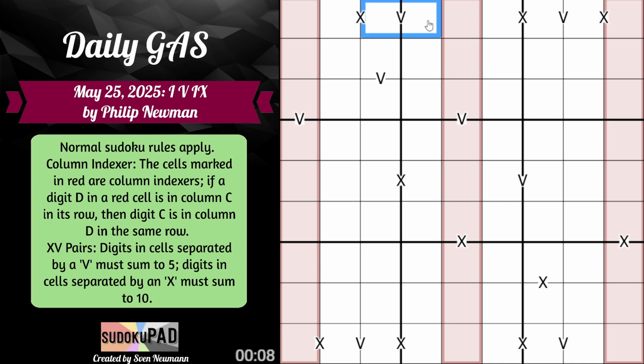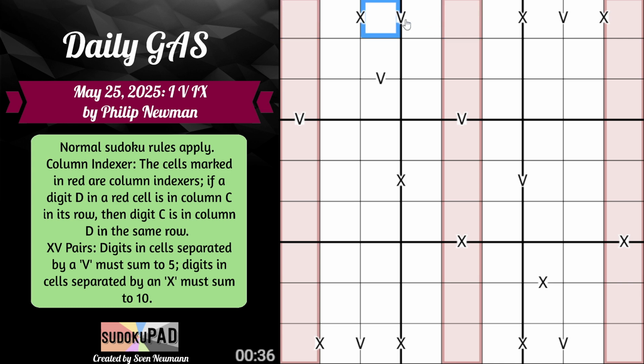Anyways, what do I notice right off the bat? I notice that pretty much all of this row has X's and V's in it. So what that means is 5 either goes here or 5 goes here. And I think the problem with 5 going here is that it would need 1 to be in the 5th position and then the 5 to be in the 1st position.